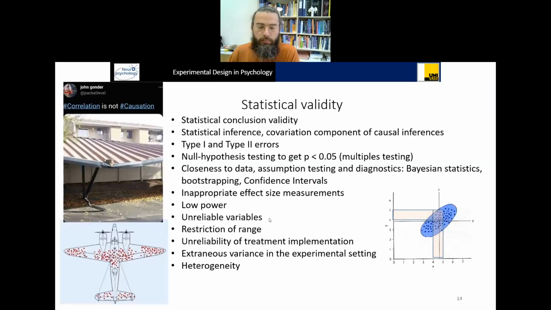Unreliable variables. This is the problem of variable stability. In many cases, you may be able to measure that using the coefficient of test-retest reliability.